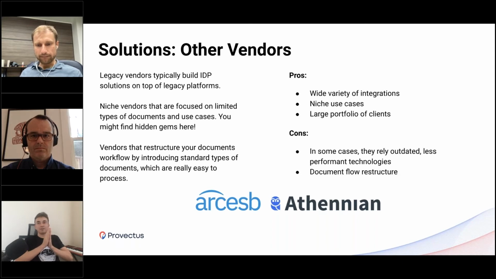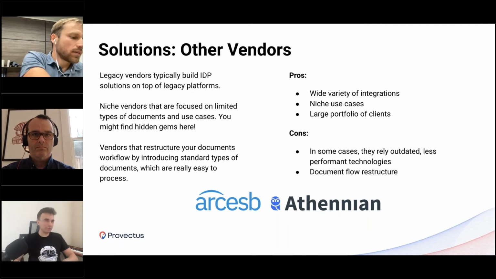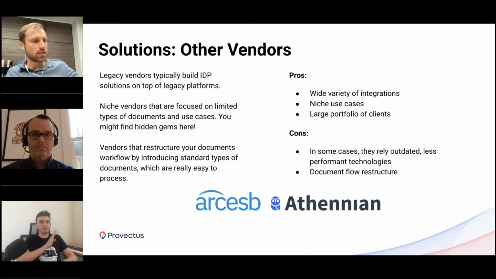And there are vendors that do a complete restructure of your document workflows. They not necessarily do document processing in terms of computer vision and NLP tasks. They usually restructure your whole document workflow by switching to specific document templates.